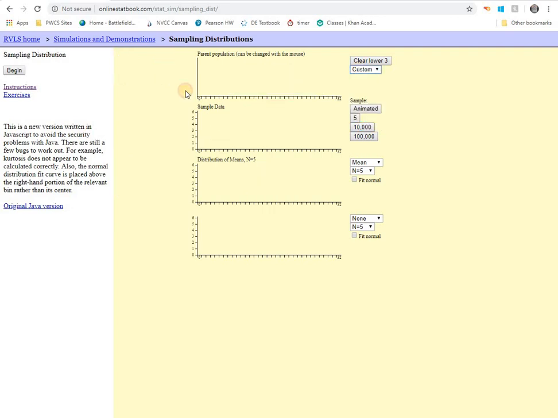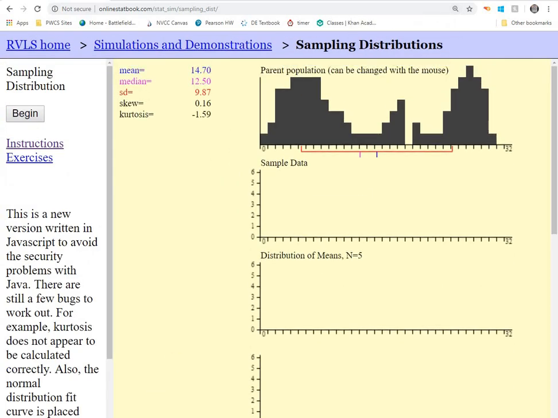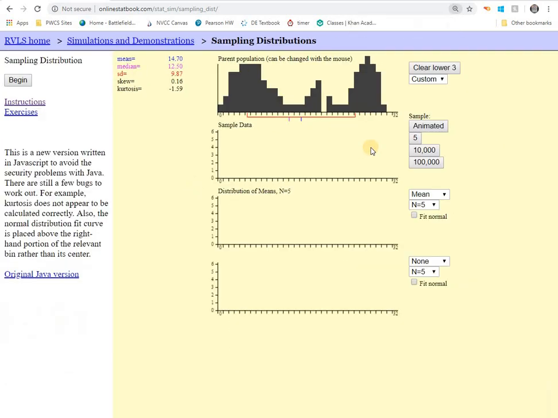If I were to do some random crazy population. It says for this crazy looking population, my average is 14.7, my median is 12.5, standard deviation, so I have all of my data points here.